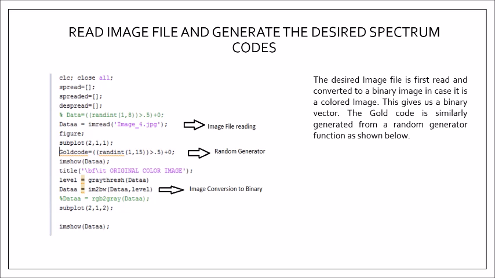So we take up the desired image, which is first read and then converted to a binary image in case it is a colored image. This gives us a binary vector. The goal code is similarly generated from a random generator as shown.